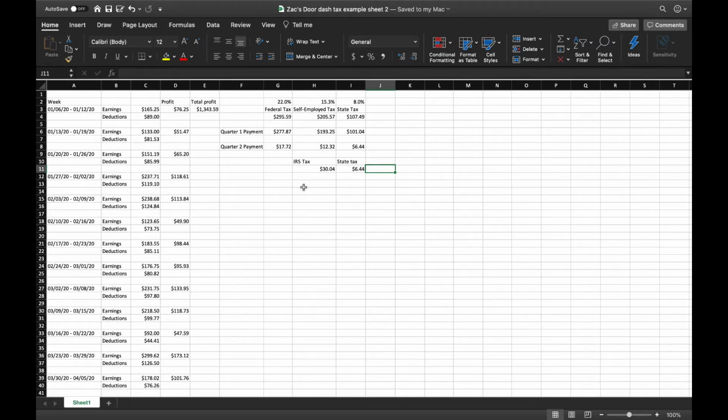In order to make it easier on myself, I added together the federal tax and the self-employment tax since they're both going to the IRS. So this is how much I will pay to the IRS, and this is how much that I will pay to the state of California.